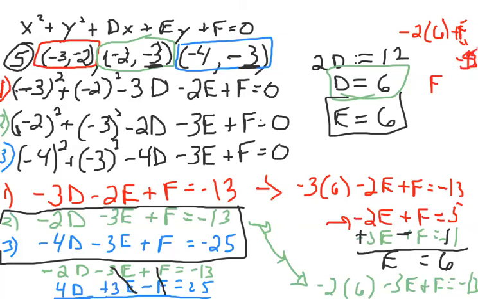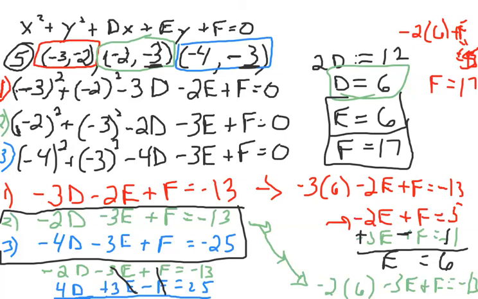That's equal to +5. And that's going to be -12 plus 5, so f is 17 is what I get. So there are my three values, d, e, and f. So that was the first thing we had to do.